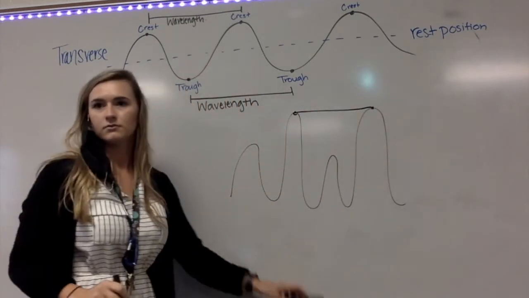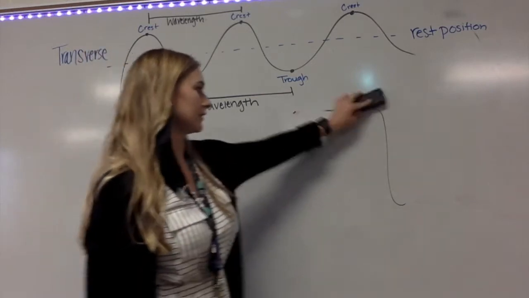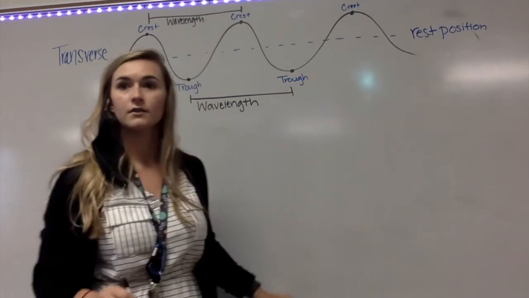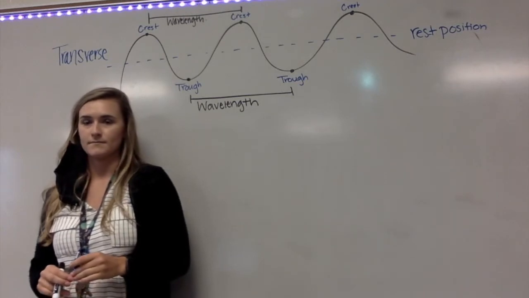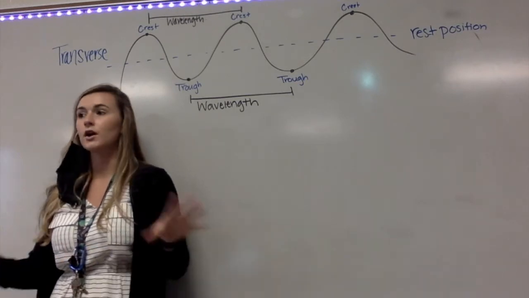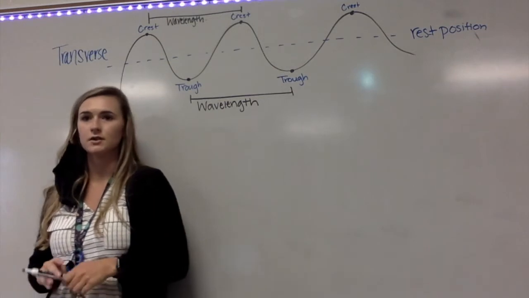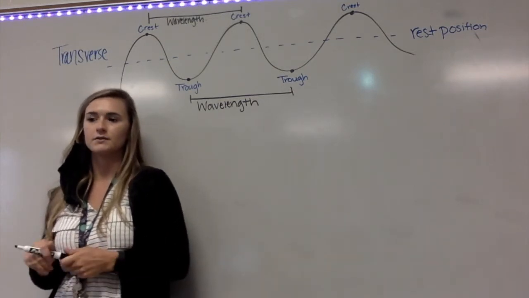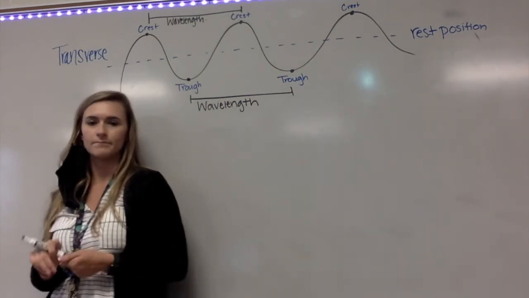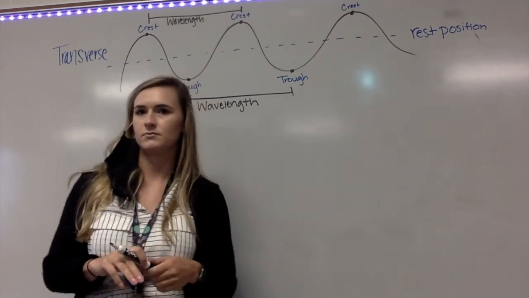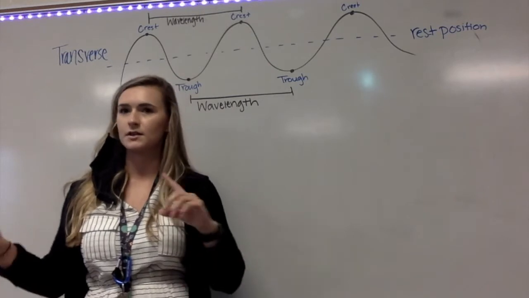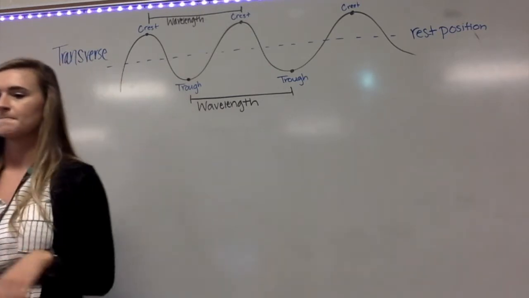If there's not any, then there's not a set wavelength. Could they be really small and skinny and then get really long? We're not going to deal with those in class. Y'all are taking it really deep, which I like, but we don't have to actually do that right now. We're going to learn the basics first, and then we'll get to the more difficult stuff.